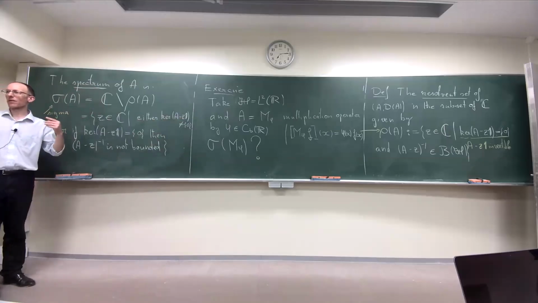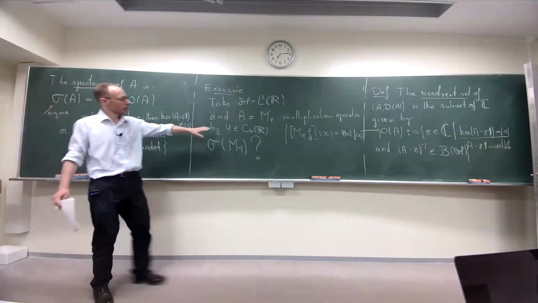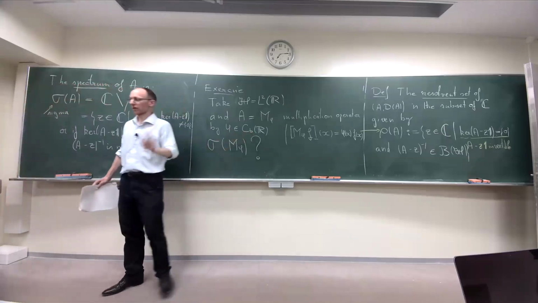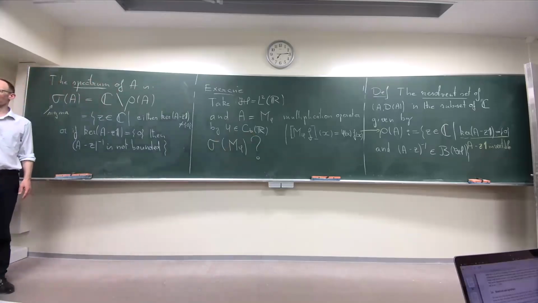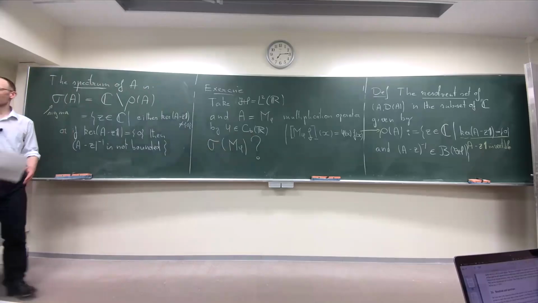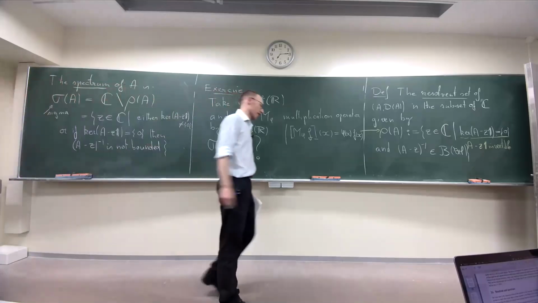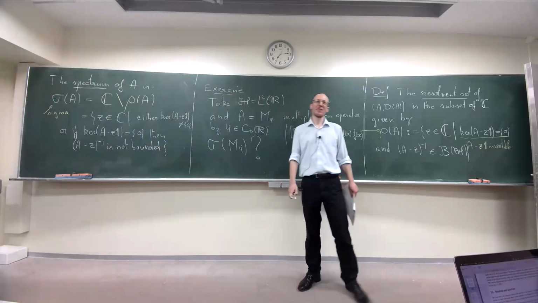We have seen an example before with this x squared plus 1, except that x squared plus 1 is not a bounded function. Can you guess what is the spectrum? No, I'm looking for a subset of C.